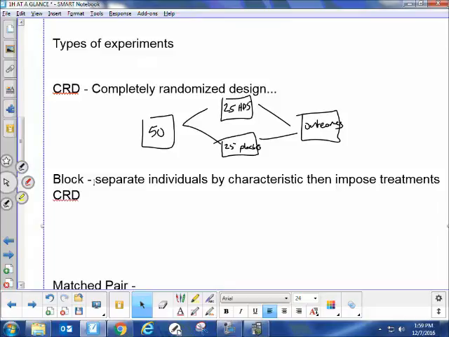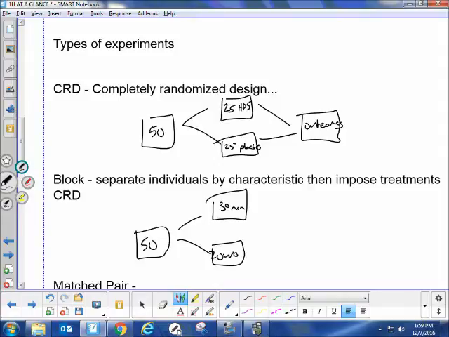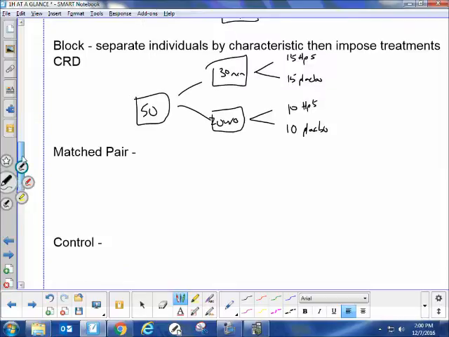So let's say I think men are going to respond differently to HP5 than women. Well, let's say out of the 50 people, 30 of them are men, 20 of them would be women. I would then go 15 would receive the drug out of the men, 15 would receive a placebo, and then out of the women, I would do 10 would receive the drug and 10 would receive the placebo. And then I'd compare my results, okay?